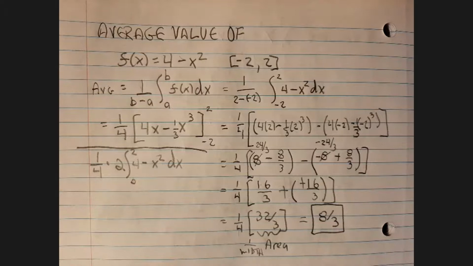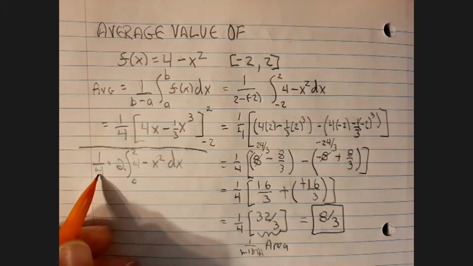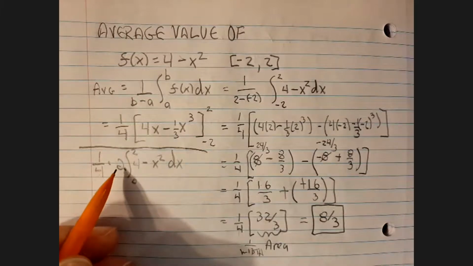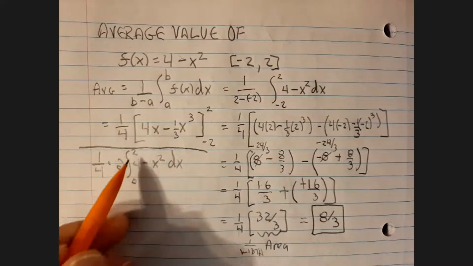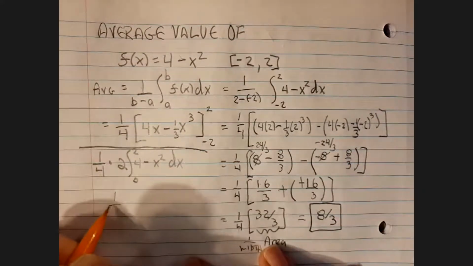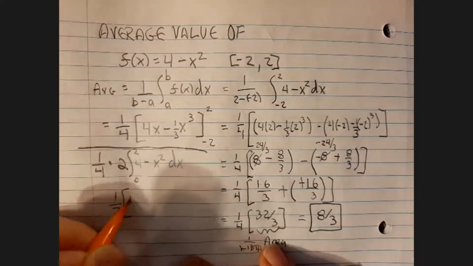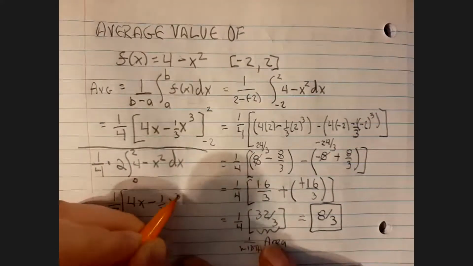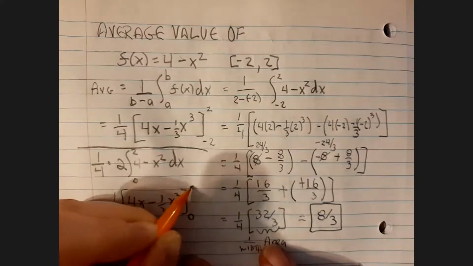So just be careful of the work here. This 1/4 comes from the average value definition. In this 2, we're doubling the area under the curve from 0 to 2 because of the symmetry of the function. So that's going to simplify to 1/2 times 4x minus 1/3 x cubed, and we go from 0 to 2.